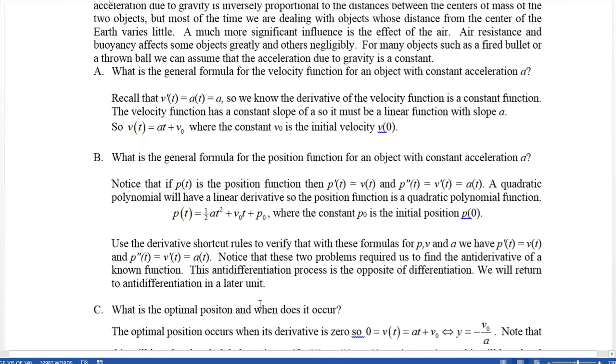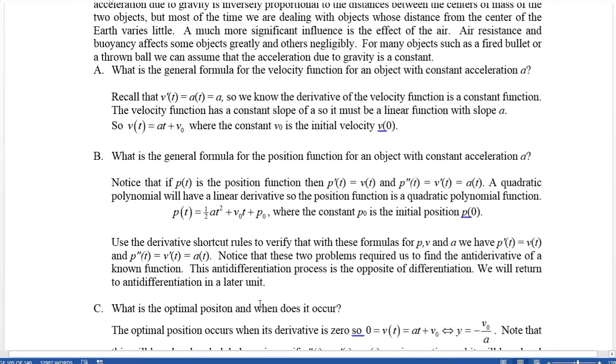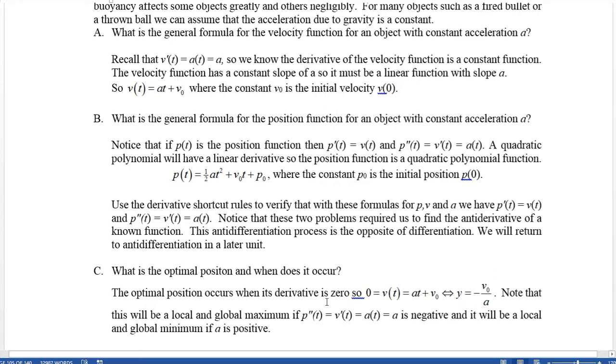Okay, what's the optimal position and when does it occur? The optimal position occurs when the derivative is 0. So that means the derivative of p, or v of t, is 0. So that's a times t plus v sub 0 equals 0. So we solve that. We subtract v sub 0 and divide by a.